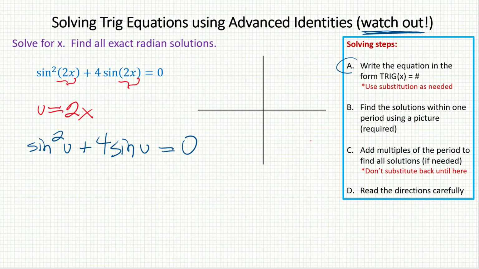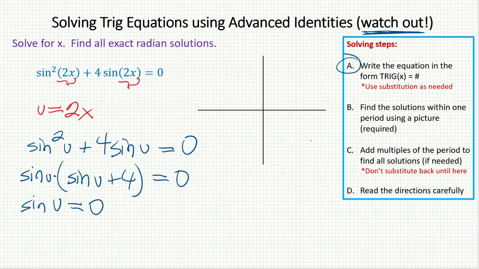In order to accomplish our step A, I can factor that left side. In fact, there is a GCF of sine u. I can pull that out to the front. I do have a 0 on the right-hand side, and so now I can use the fact that when I multiply two items together and get 0, one of them has to be 0. So either sine u equals 0 or sine u plus 4 equals 0.